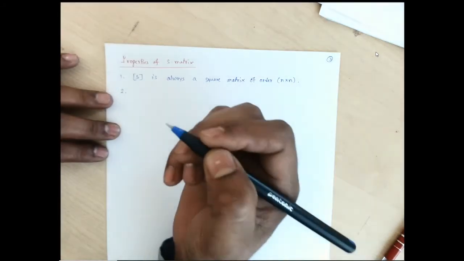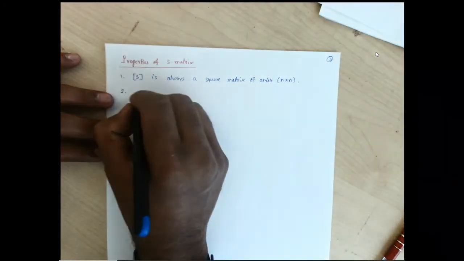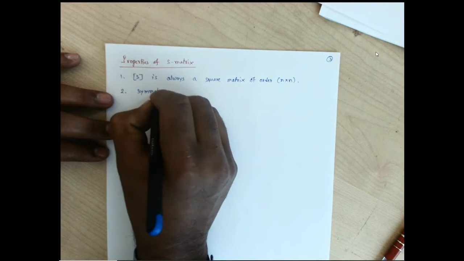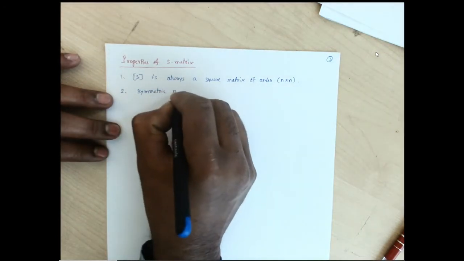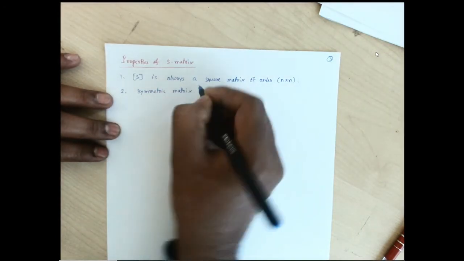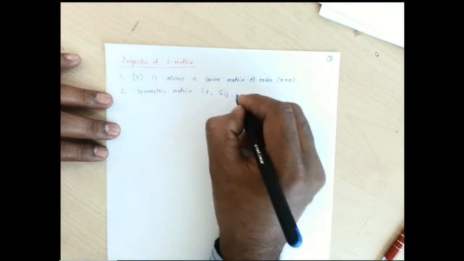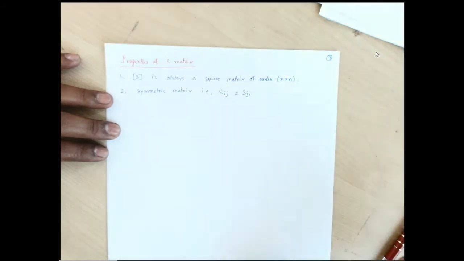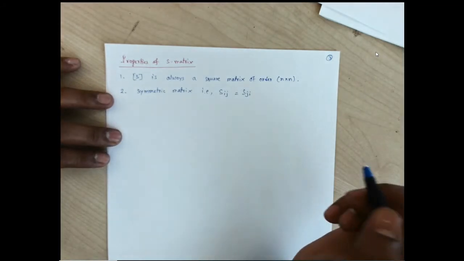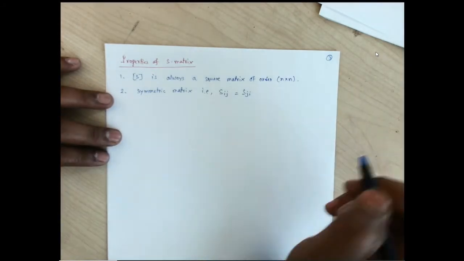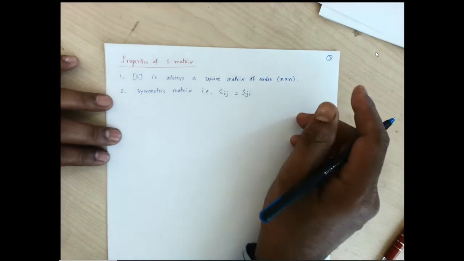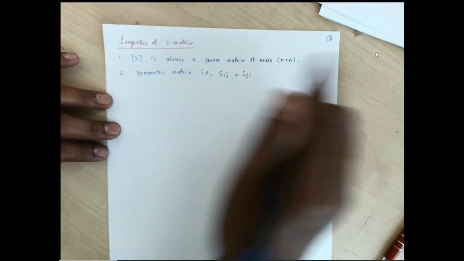Second property, it is always a symmetric matrix. What does it mean? That is Sij is equals to Sji. If S12 is equals to S21, then it is known as symmetric matrix.